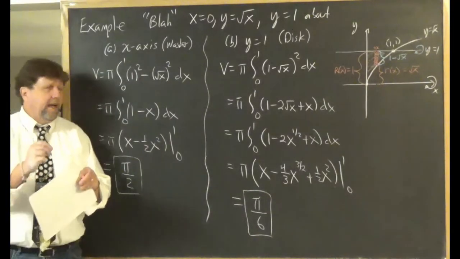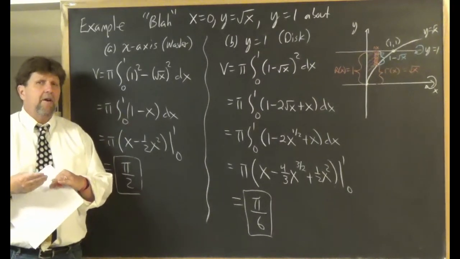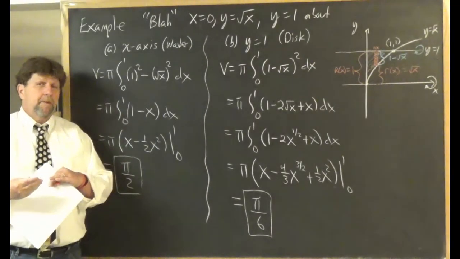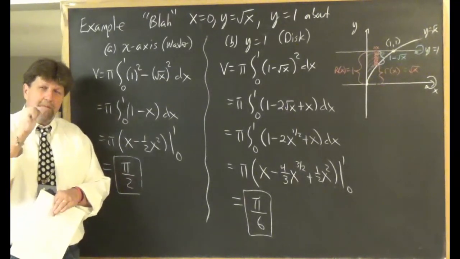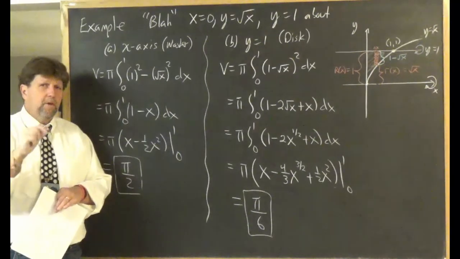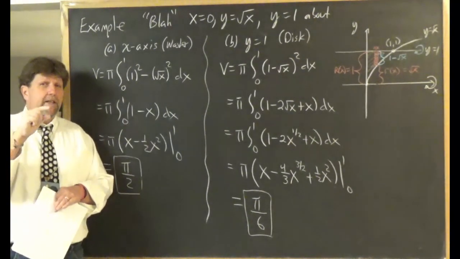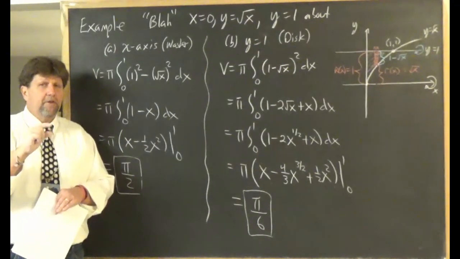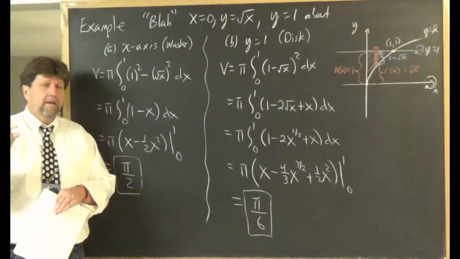Okay, so this one example compared and contrasted the two different methods you know right now, the disk method and washer method, which are really the same method. Remember, the key is that representative rectangle. So one more time. If the representative rectangle is perpendicular to the axis of revolution, you're using the disk method or the washer method.